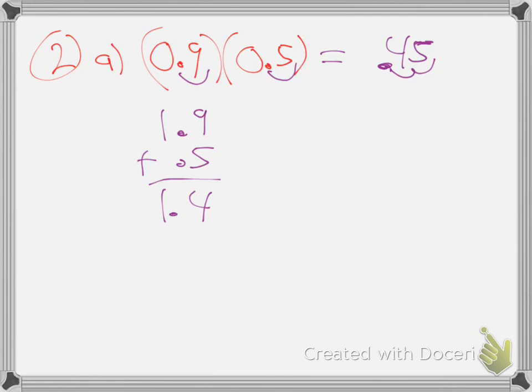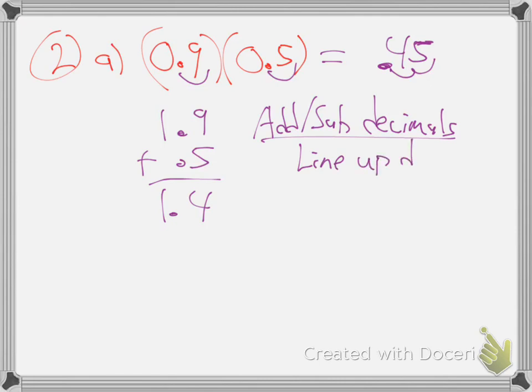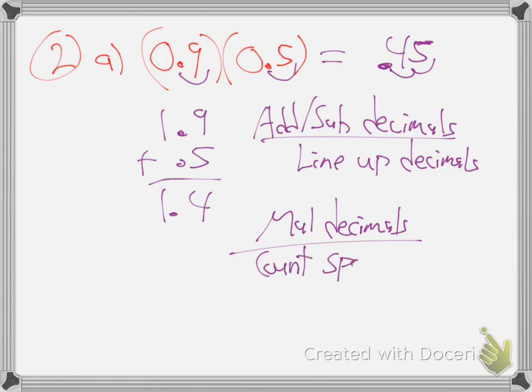So for adding, subtracting decimals, we know the rule is line up the decimals. For multiplying decimals, you count spots. Oh, well, it sounds like you're counting the spots on the Dalmatian. Let me be a little more clear. You count decimal places.